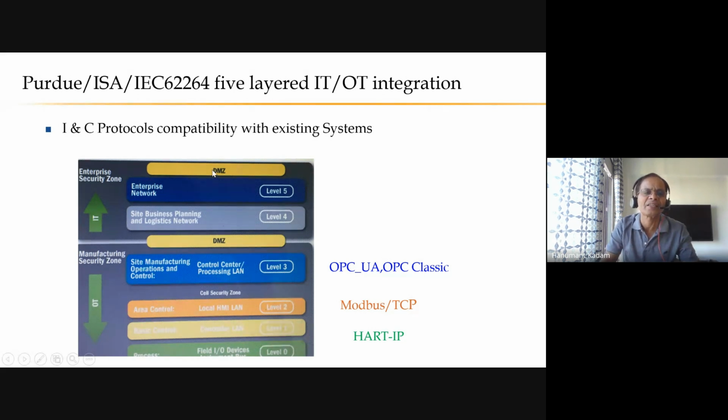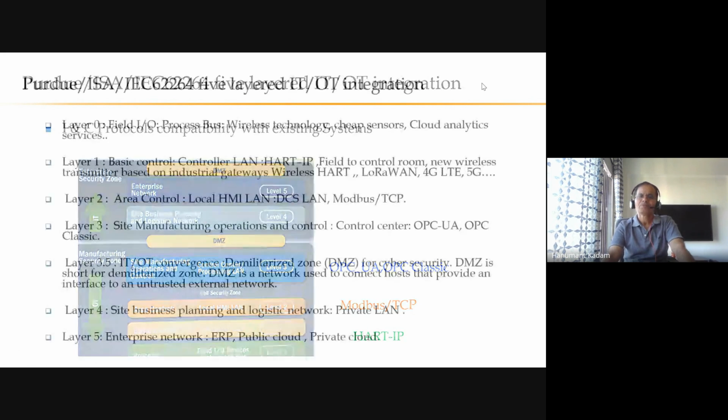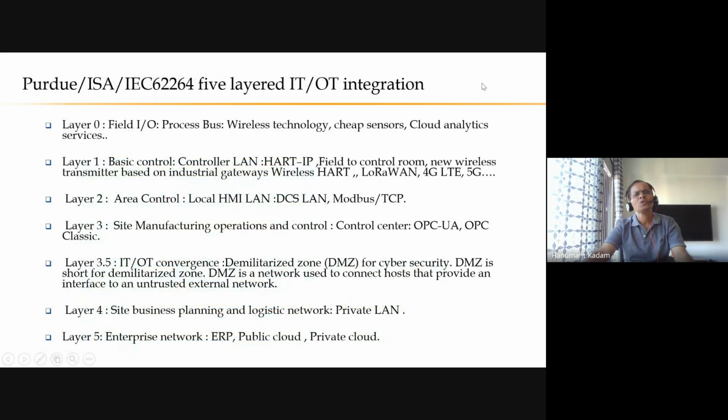So that is another DMZ level you have to add before connecting to the cloud. So this is the security zone introduced in the Purdue model. So Purdue is nothing but ISA, the same, or IEC 62264, 5-layer IT/OT integration.